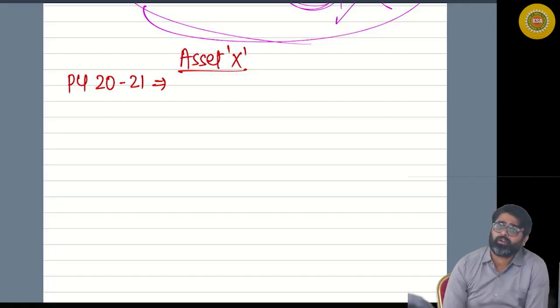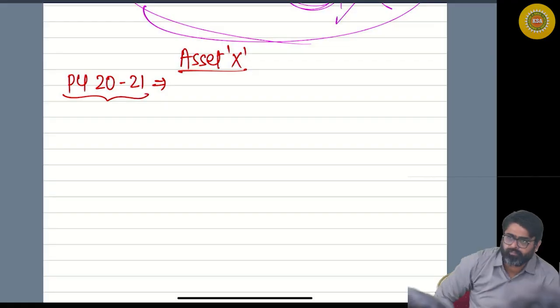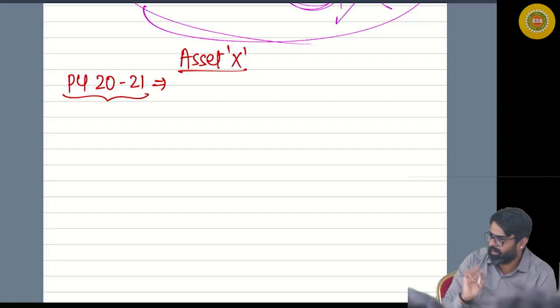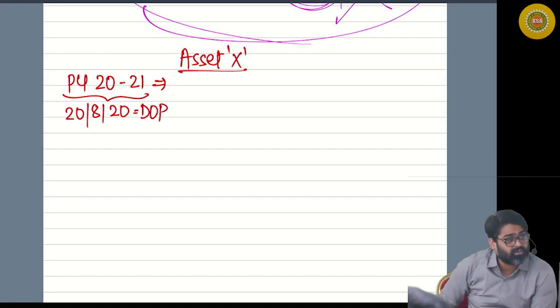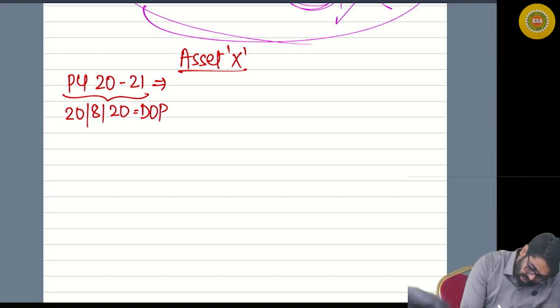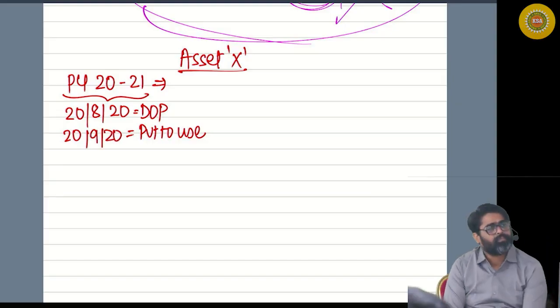So when was the asset acquired? 2021. Now, can we take one date? 20th of August 2020. This is the date of purchase, and it was put to use, let's say, on 20th of September 2020.